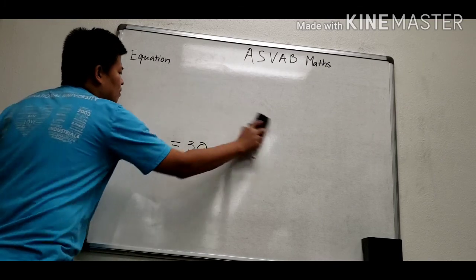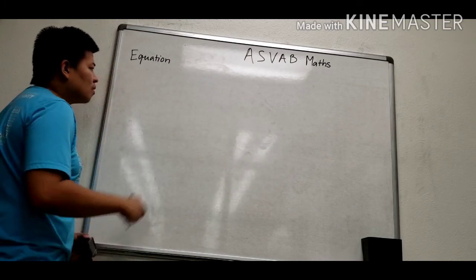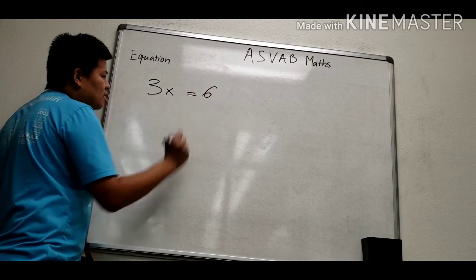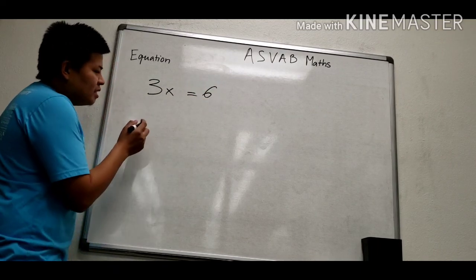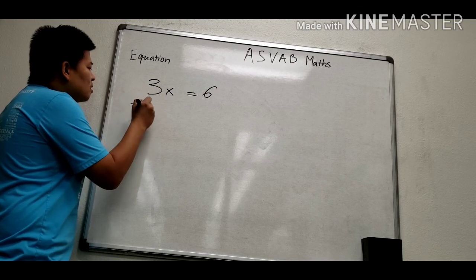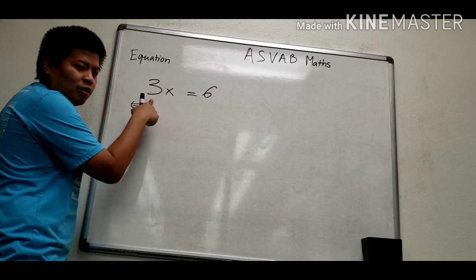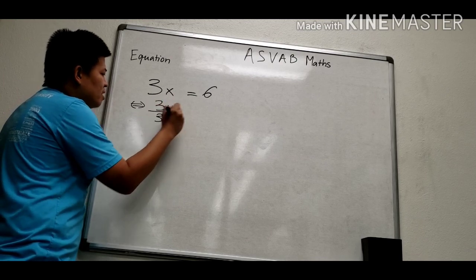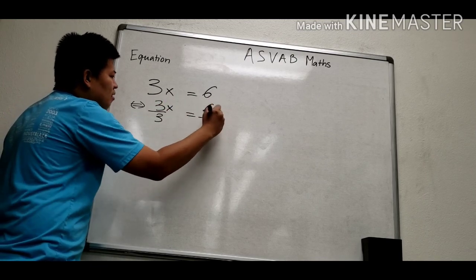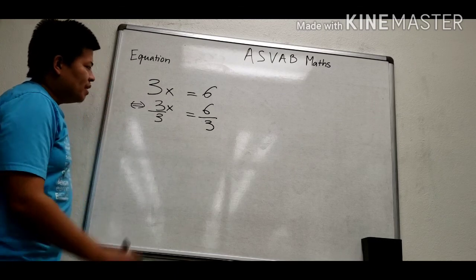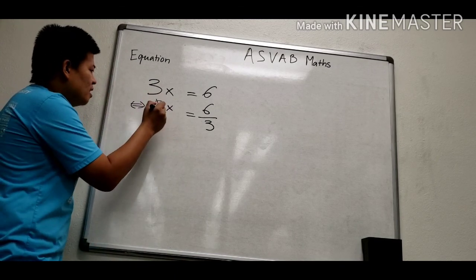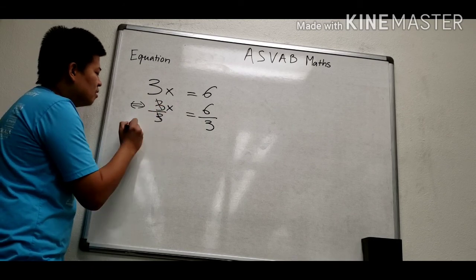The next one, we have 3s equal to 6. This is the basic one. So we have the number 3 in here. We have 3s. We divide by 3 in both sides. Because when we divide by 3 in this number with s, we can eliminate 3 in here.